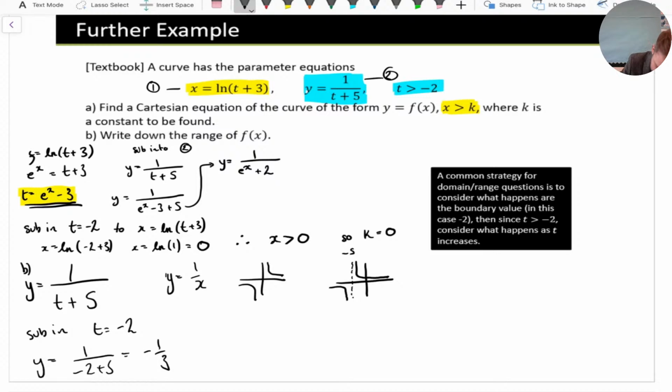Okay, so if I think about what this graph is going to look like, it's going to start at -1/3. Now, if this goes all the way to -5, this one here is going to start here when y... so this part here, when y, oh no, it's not going to be there. Let's have a little think.